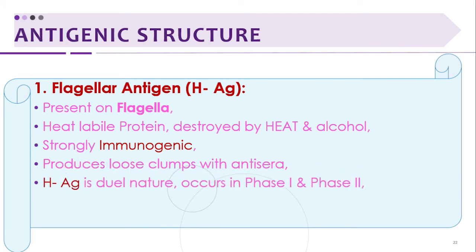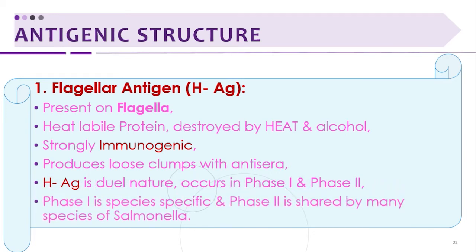Next, the H antigen is dual in nature and occurs in two phases, phase 1 and phase 2. Phase 1 is species specific, so this antigen is present in a particular species.